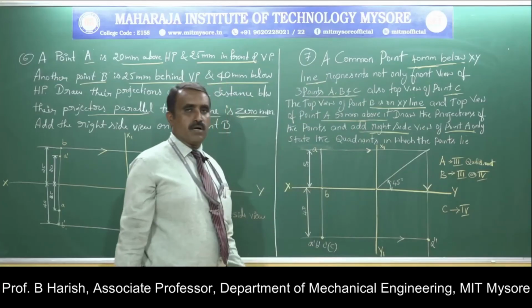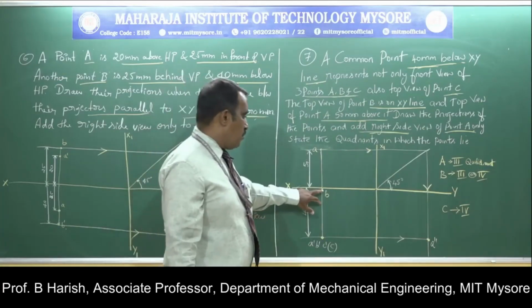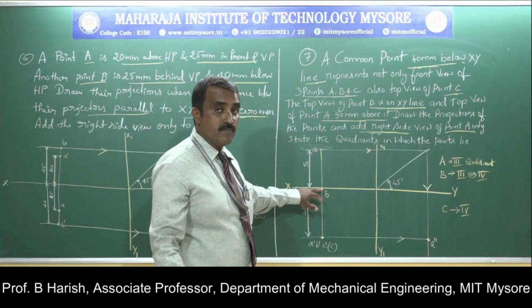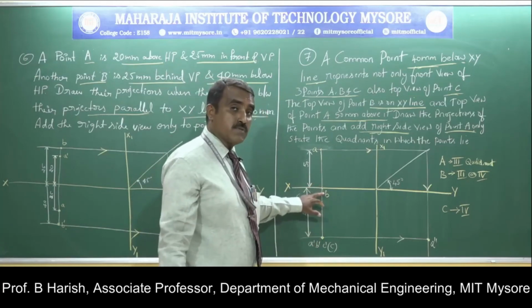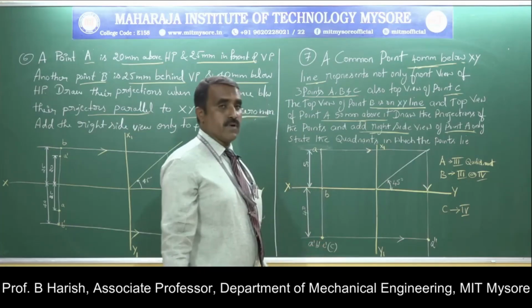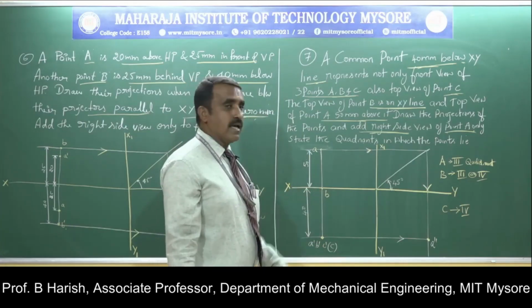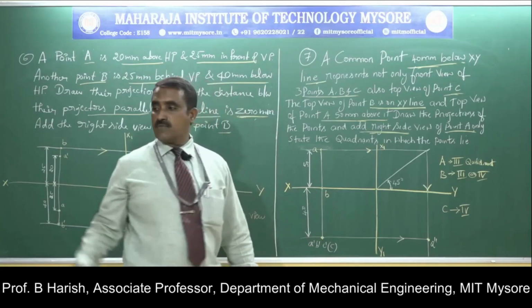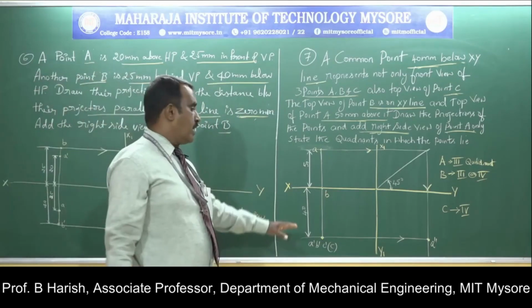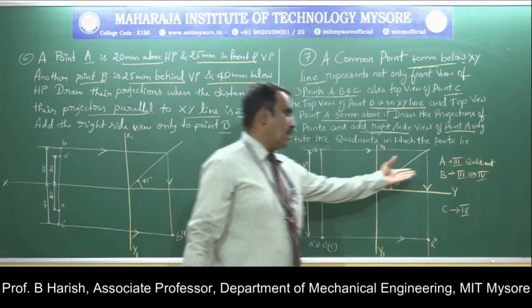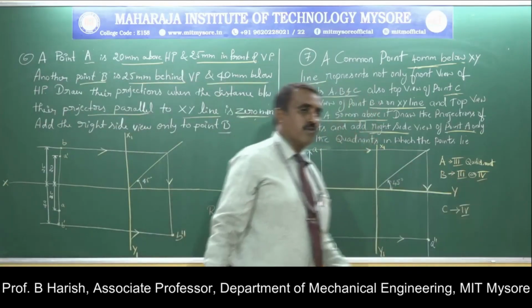Then come to the second point. Point B is on the XY line. That is, the top view is on the XY line and the front view is below the XY line. In this condition, the point can lie in either of two quadrants: third quadrant or fourth quadrant.